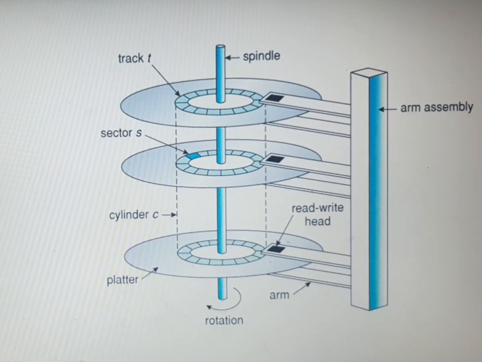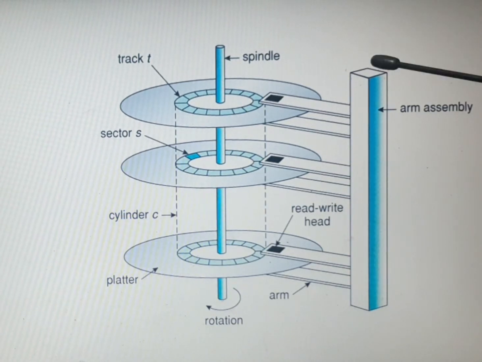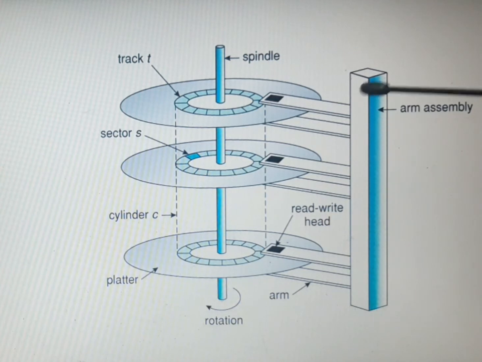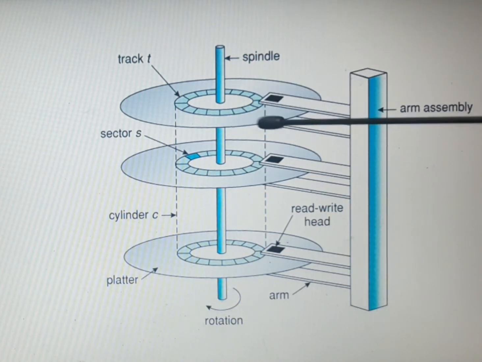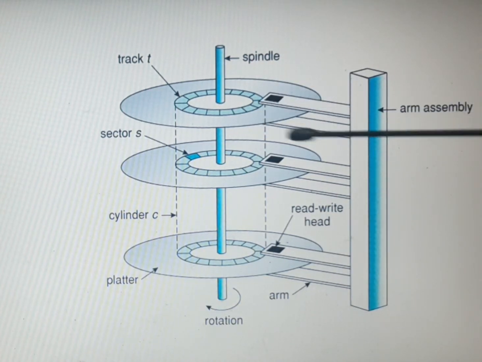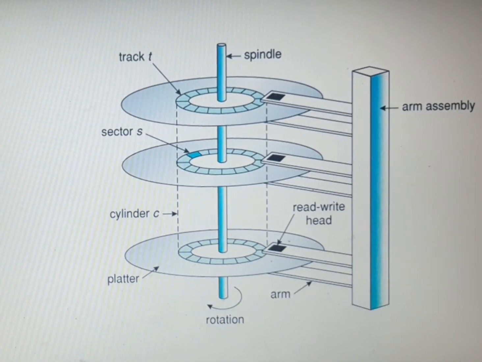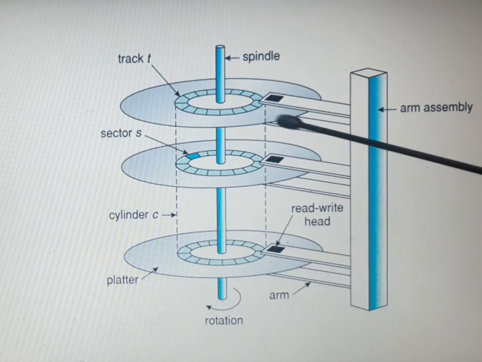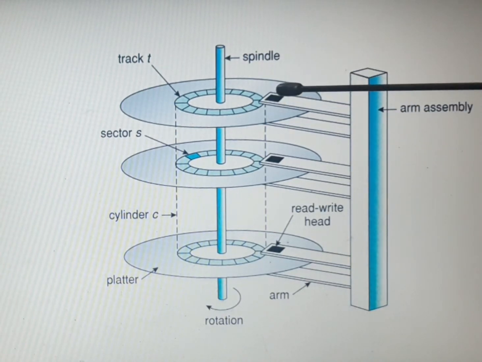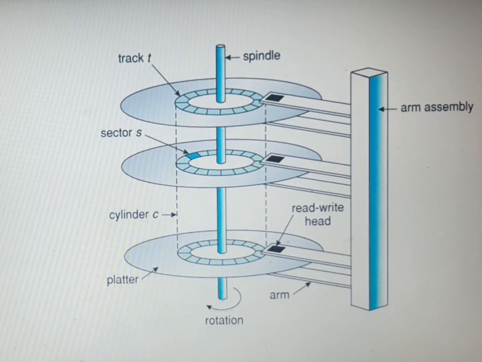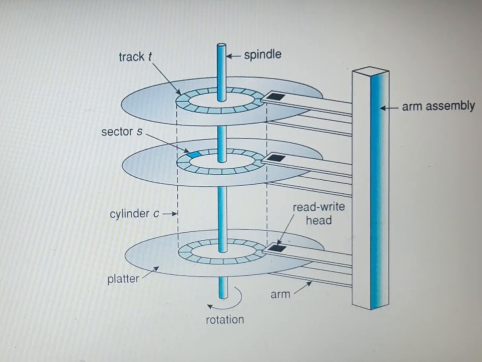This is the arm assembly. For the arm there will be two heads, which help in reading or writing. On the upper surface and on the lower surface, two read and write heads will be there.